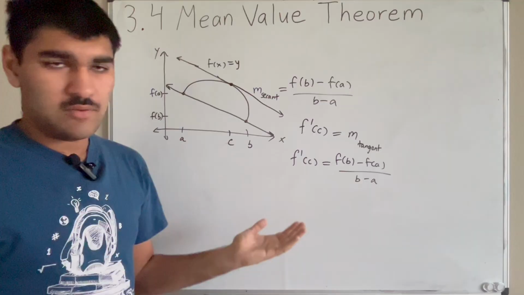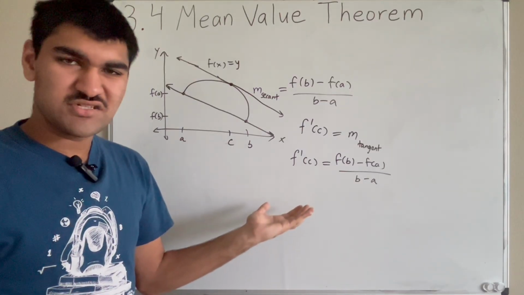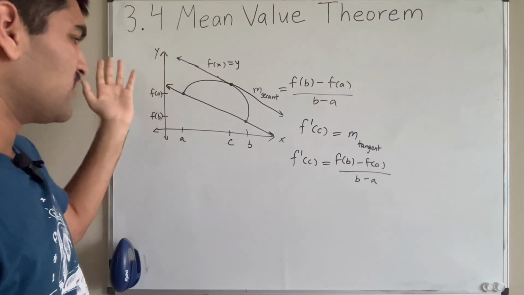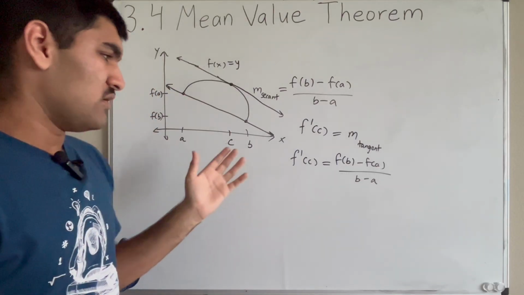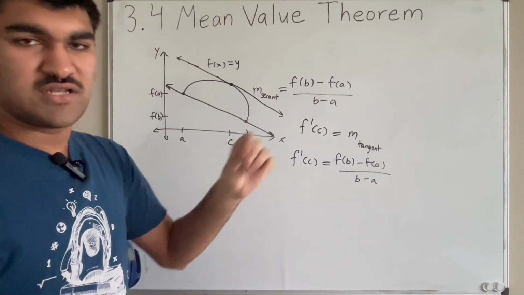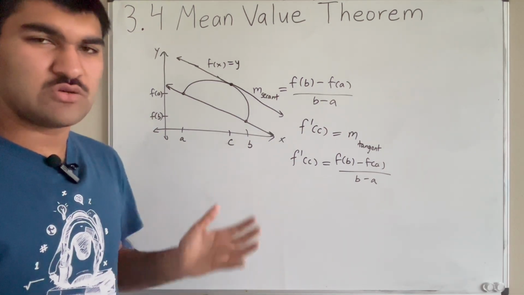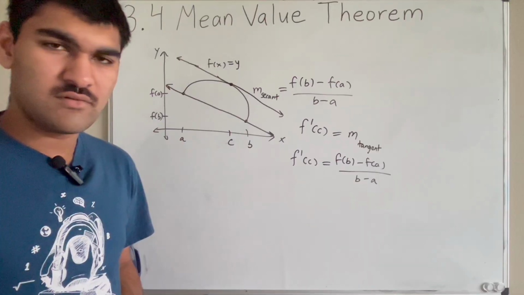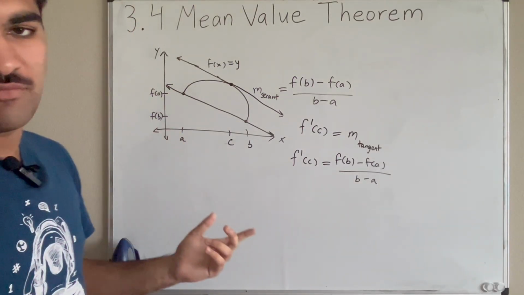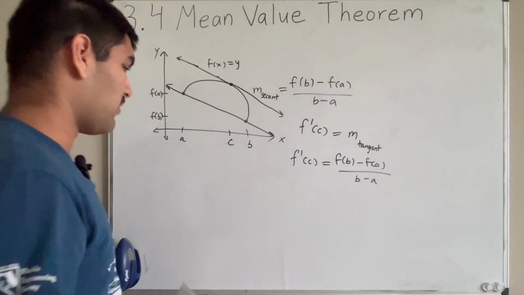But does there always exist such a c? If we're given any continuous function f on a closed interval, does there always exist a point c in the interval such that the tangent line at that point has the same slope as the secant line at the endpoints? That's exactly what the mean value theorem answers.